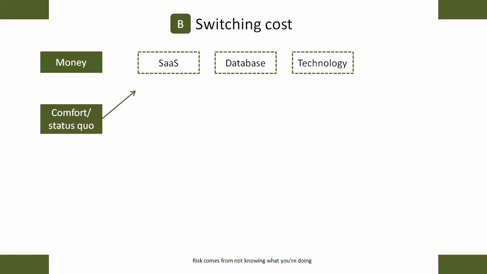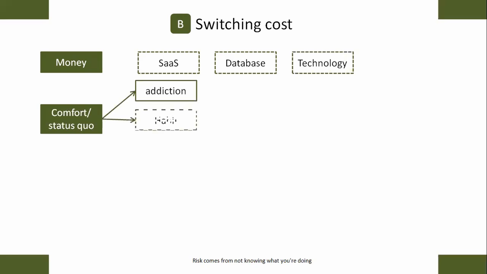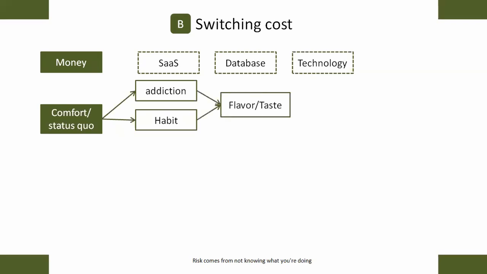Second could be comfort and status quo. If there is an addiction to the product or service, or there is a habit which got built, then it could be to a flavor or a taste, or it could be to an experience. So there'll be a natural resistance to change and switch over to another product.